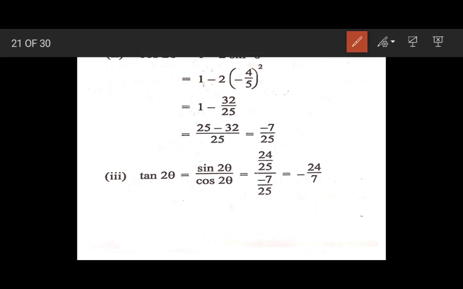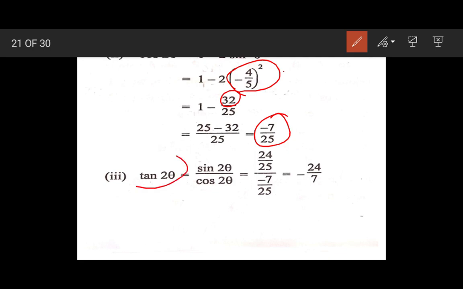So 1 minus 2 into minus 4 upon 5 the whole square. So a minus square is plus, so 16 upon 25. 16 into 2 is 32. 32 upon 25. Then do the cross multiplication. So what I am getting is minus 7 upon 25.